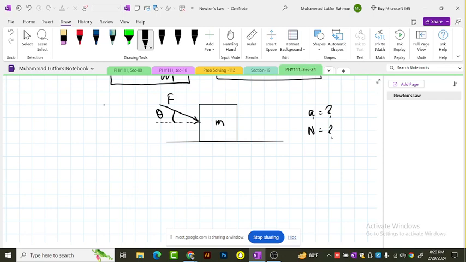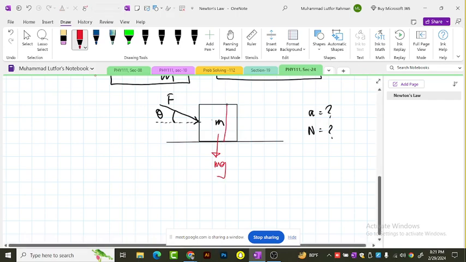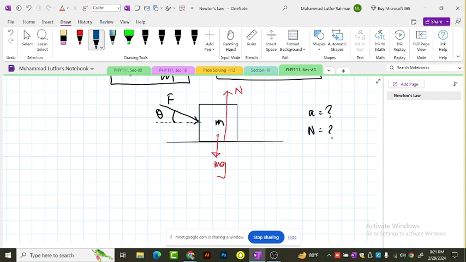All right, let's draw the free body diagram over here. We have simply the three forces again, like the previous case. I'll draw this as my mg, which is downward. This would be my normal reaction force. Now, to draw these forces, I need to extend this force in that direction.